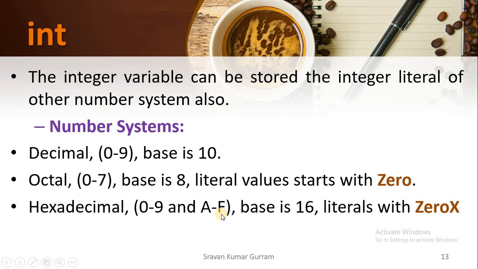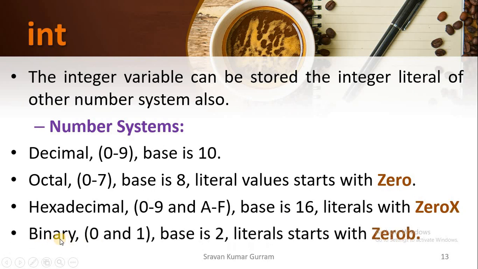F represents 15. So the hexadecimal number system supports 16 digits, and the base is 16. Now the important point is, if you want to store hexadecimal values into an integer variable, those literals must start with 0x. The x may be a lowercase x or uppercase x.